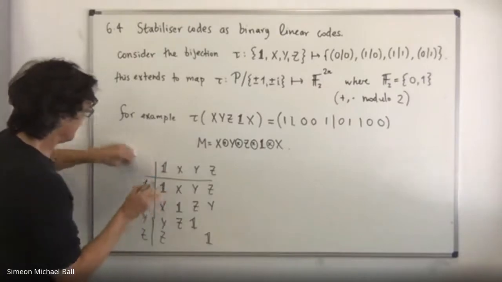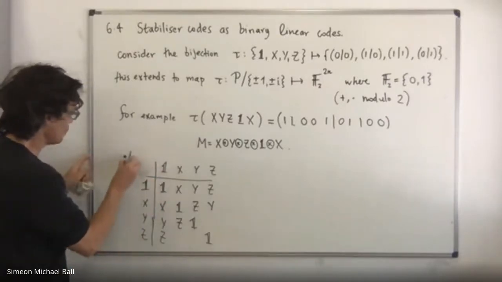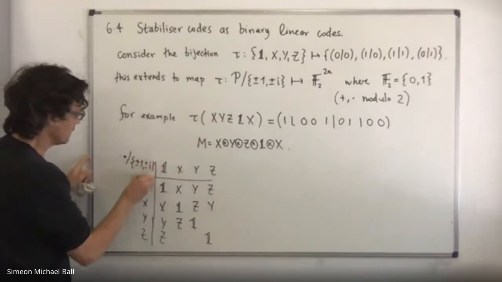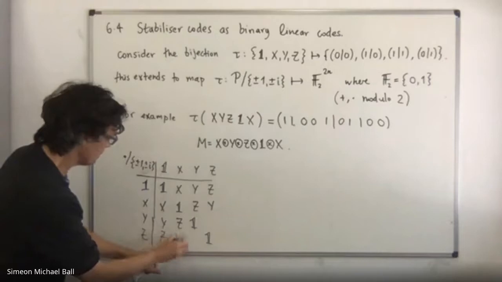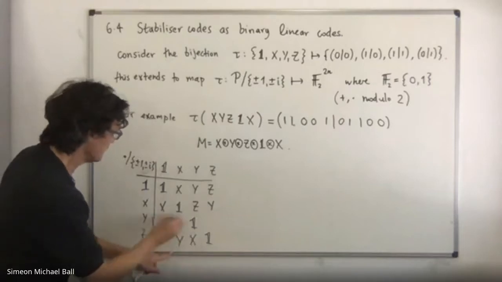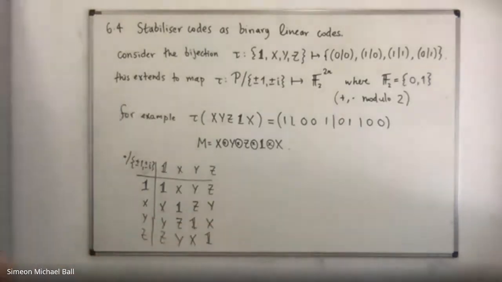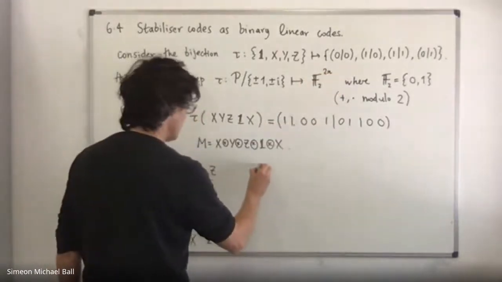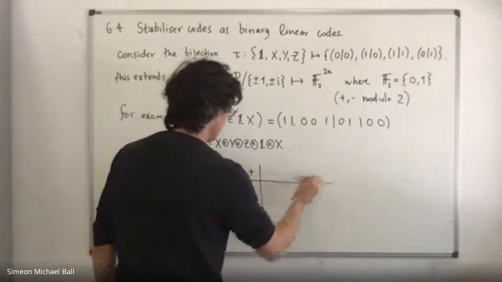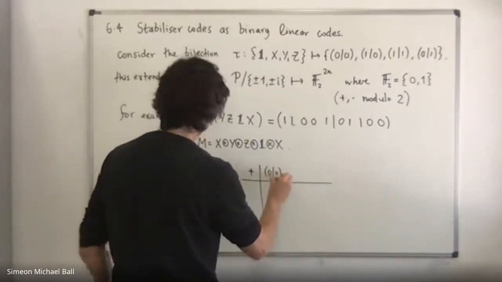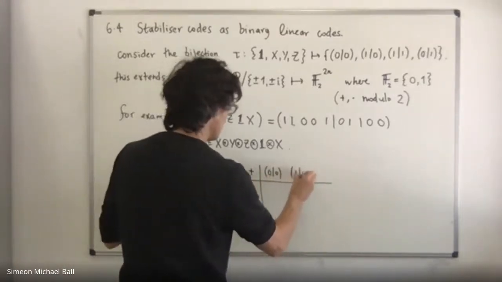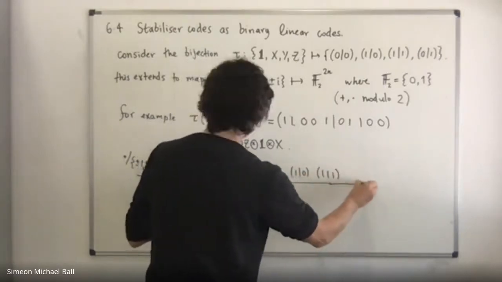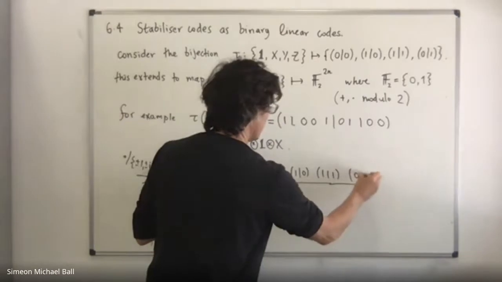So this is multiplication modulo plus or minus 1, plus or minus i. So it's forgetting about the coefficients. This is a y, this is x, and this is an x. And over here, if I look at addition, so this is 1, 1.